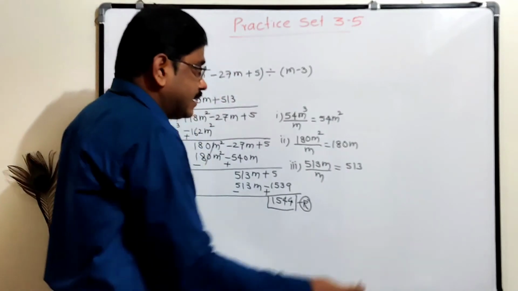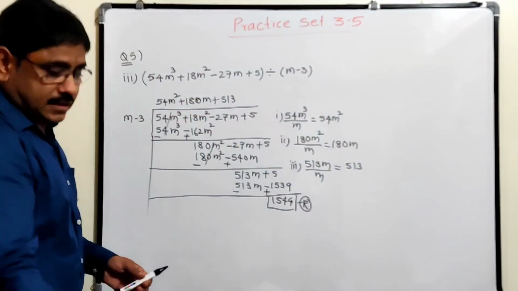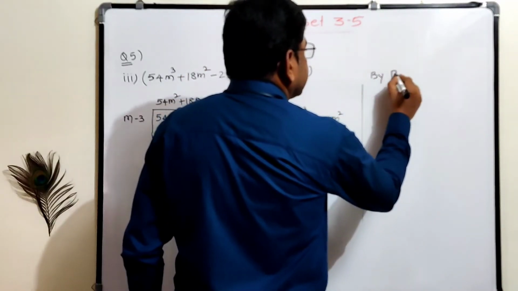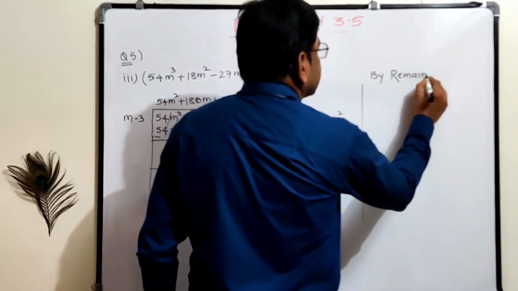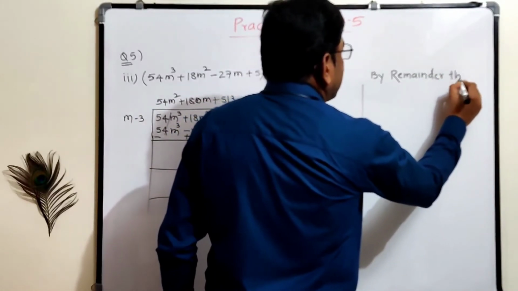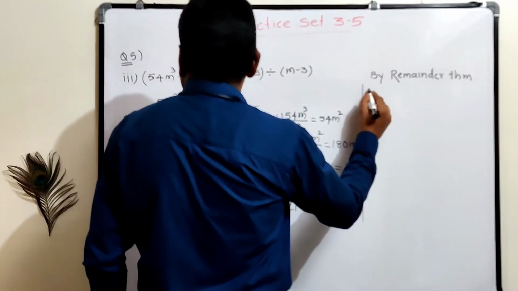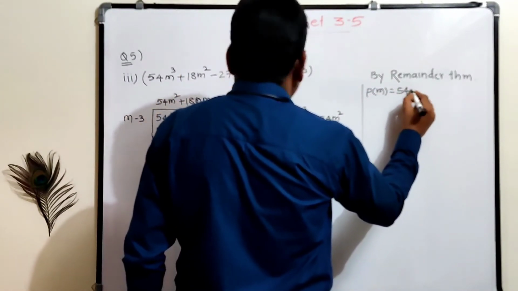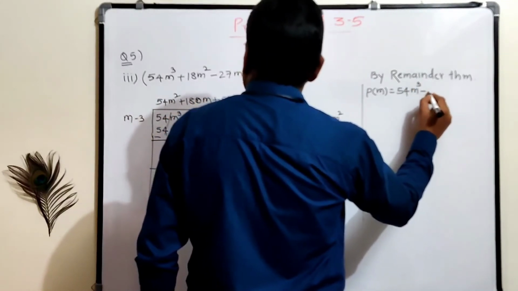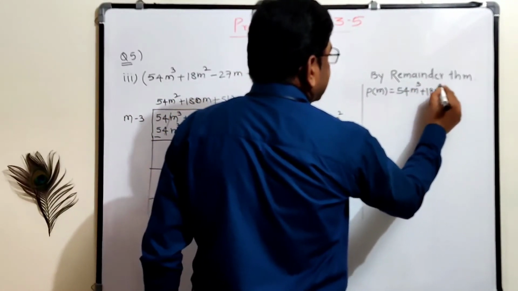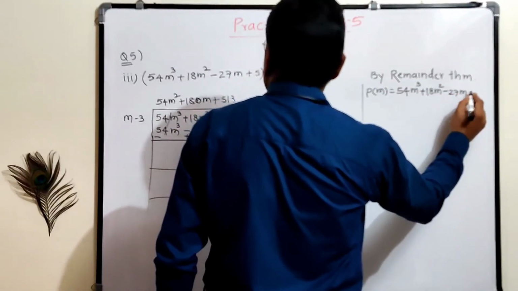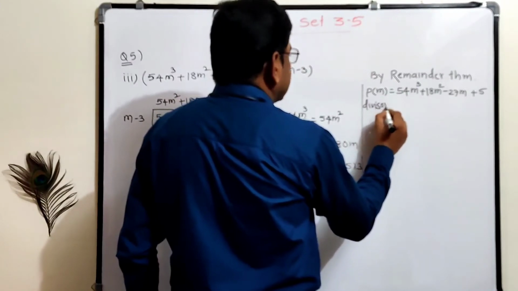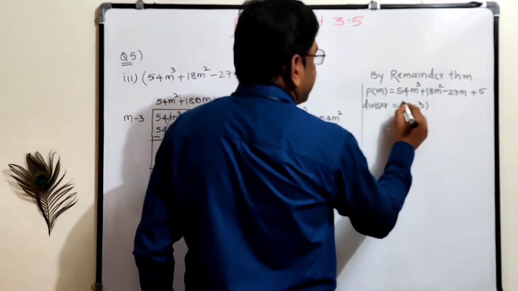Now we have to find the remainder by remainder theorem. So how will we get the remainder by remainder theorem? What is the polynomial? The given polynomial is P(m) is equal to 54 m cube plus 18 m square minus 27 m plus 5. And what is the divisor given? The divisor is m minus 3.